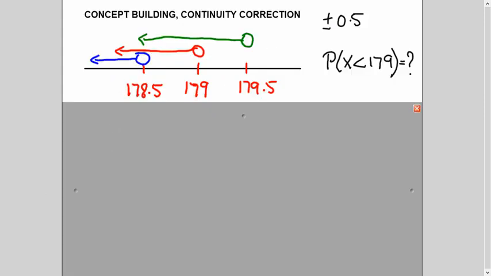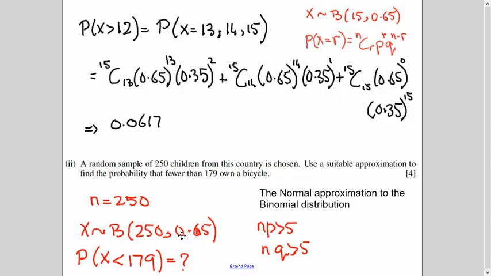Actually, before we begin, I would like to tell you one thing here: 179 is discrete data, right? Binomial distribution is for discrete data and normal distribution is for continuous data. So we need to change this value of X into continuous data now.